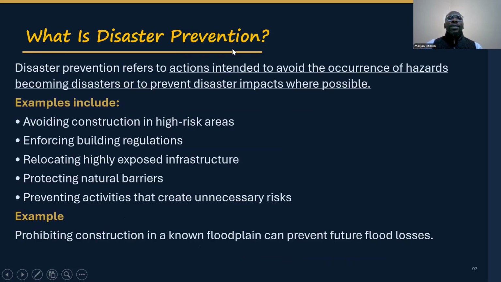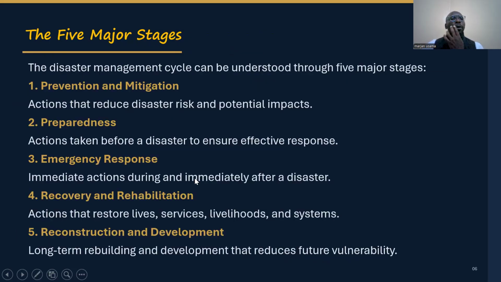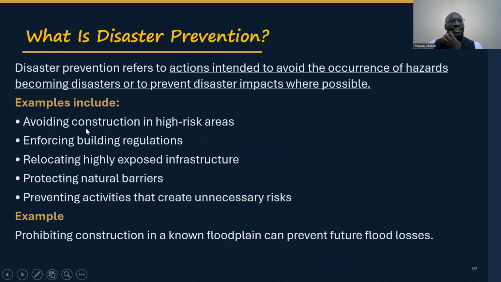Now, let us start, because we've talked about preparedness. We've talked about prevention. What is disaster prevention? Because they normally tell us prevention is better than cure. So what is the meaning of disaster prevention?